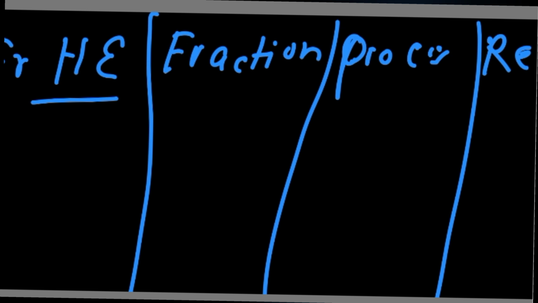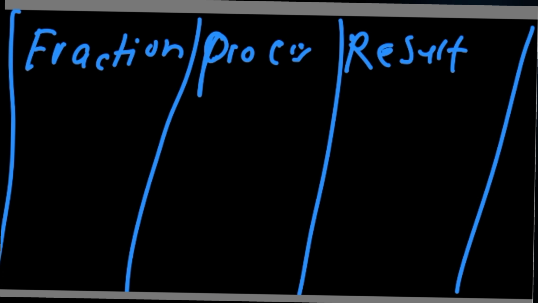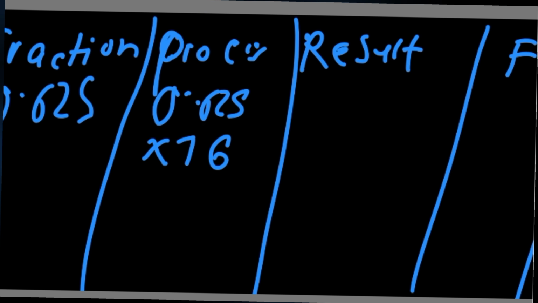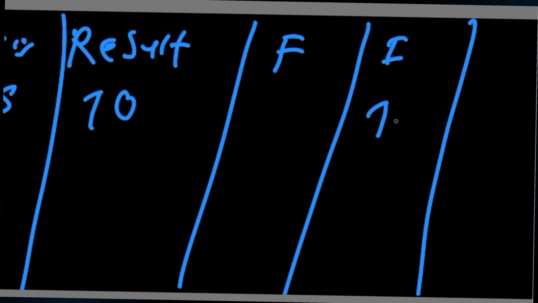What we do is put the fraction that we get, then multiply the fraction with the base number. In hexadecimal the base number is 16, so multiply 0.625 with 16, which gives us perfectly 10. Now the integer is 10, so it ends here.